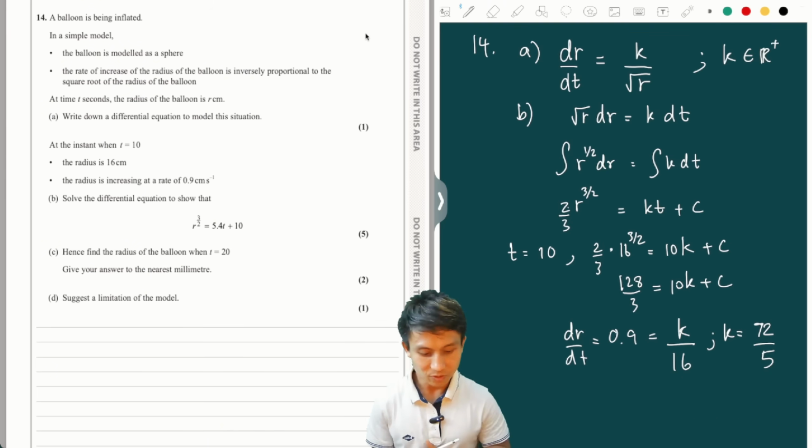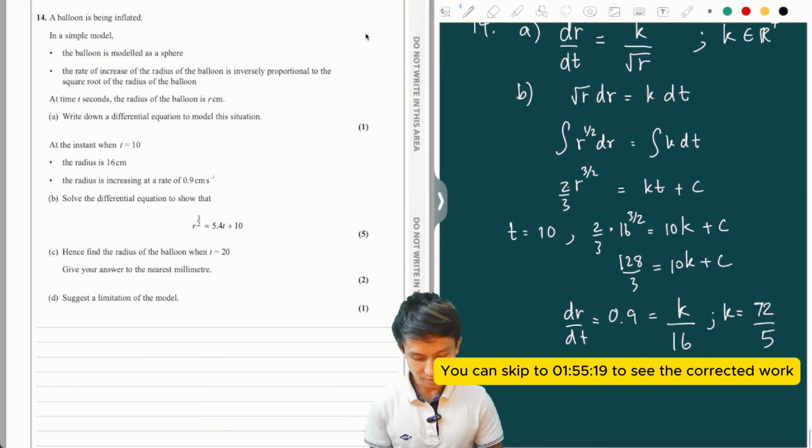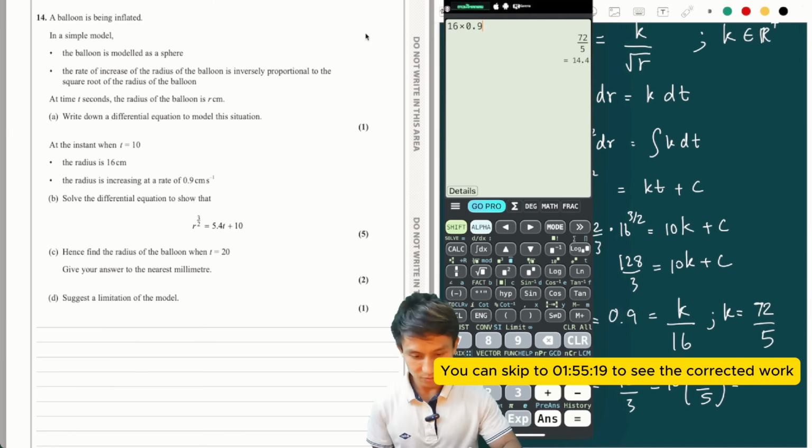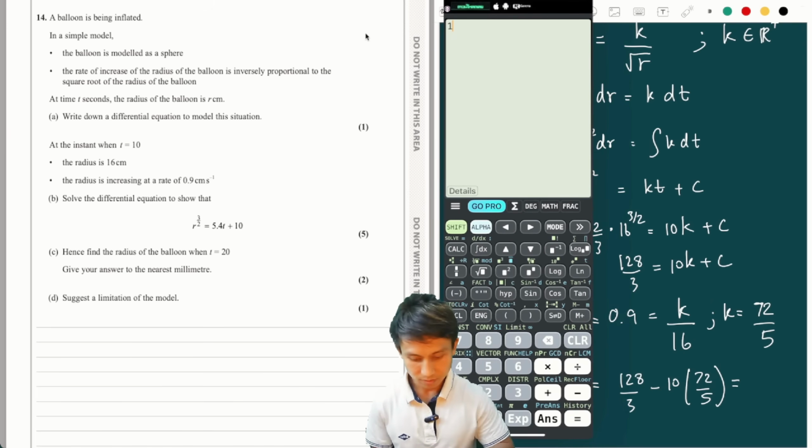And then since we know k, we can find c. So therefore c is equal to 128 over 3 minus 10k, which is 10 times 72 over 5. And that is equal to 128 over 3 minus, that's just 72 times 2, if you do the math there. Ooh, that's minus 304 over 3.